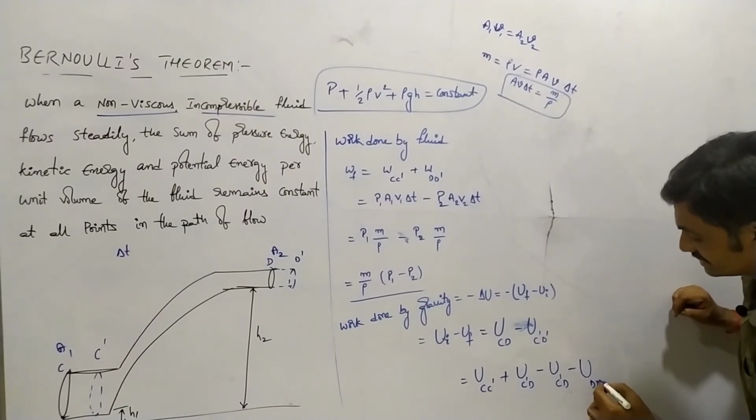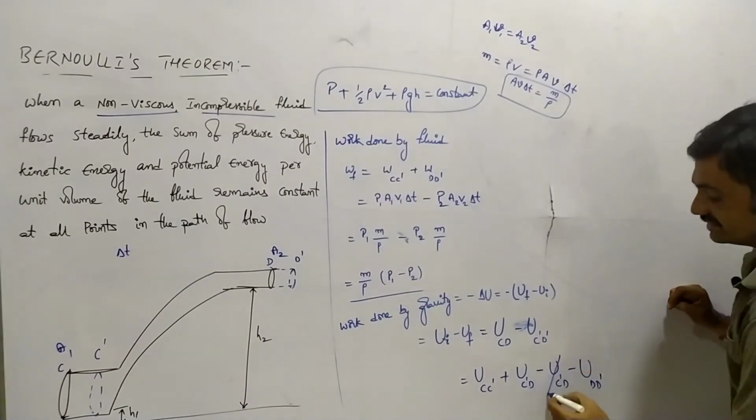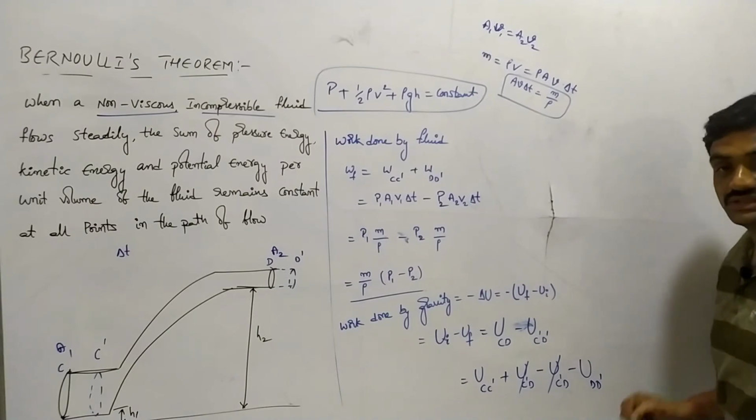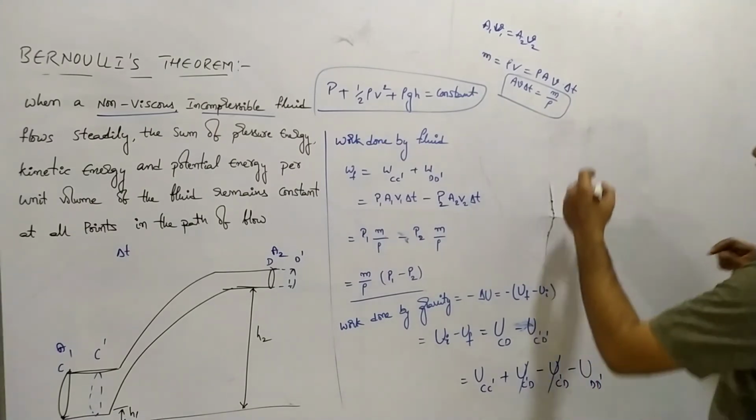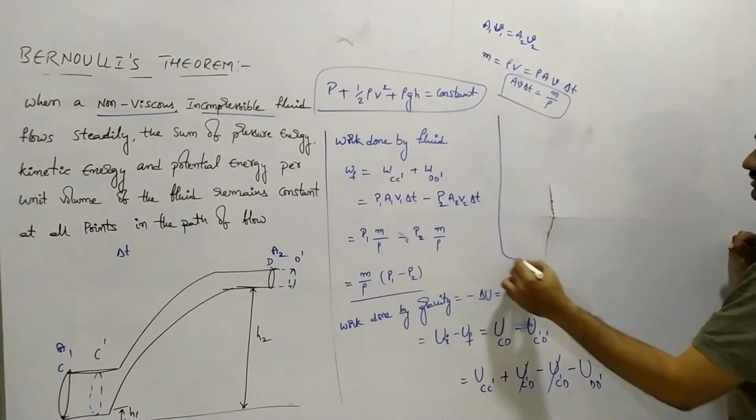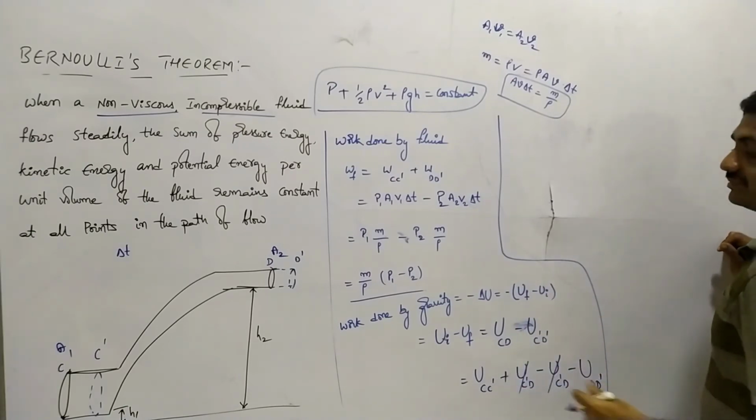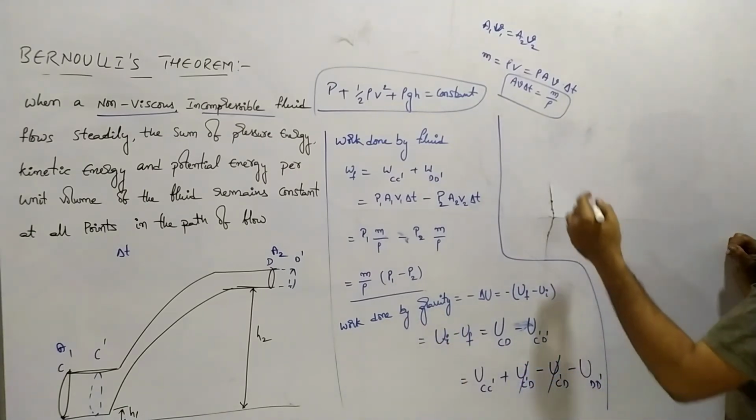After that, C dash D and C dash D get cancelled. Now we have to represent the work done by gravity.